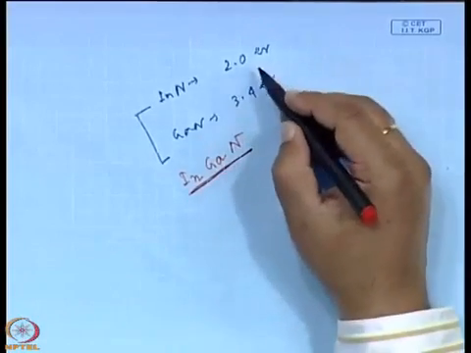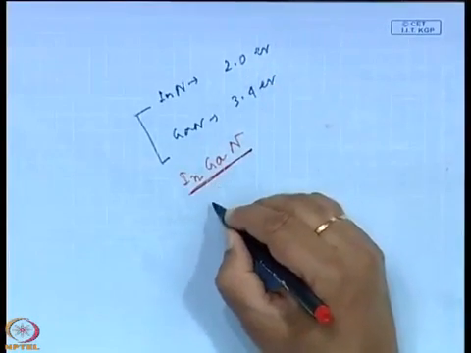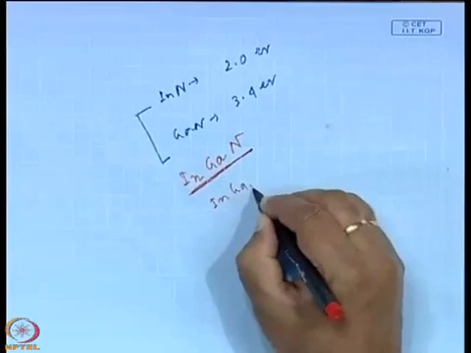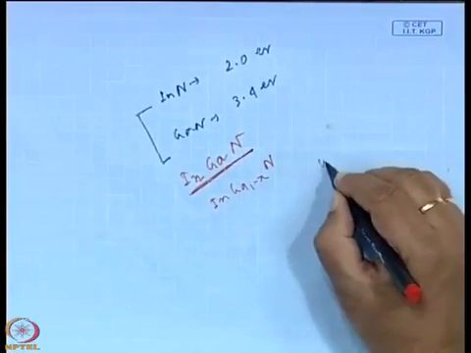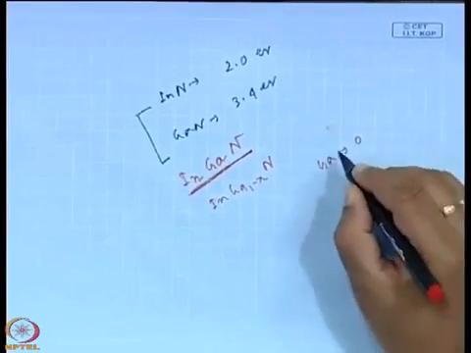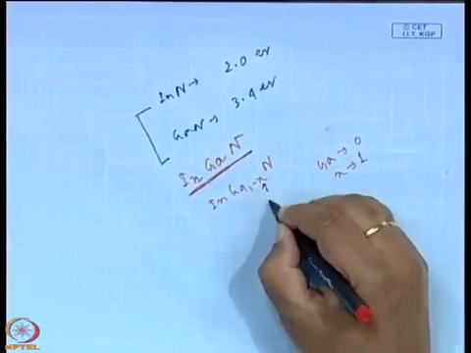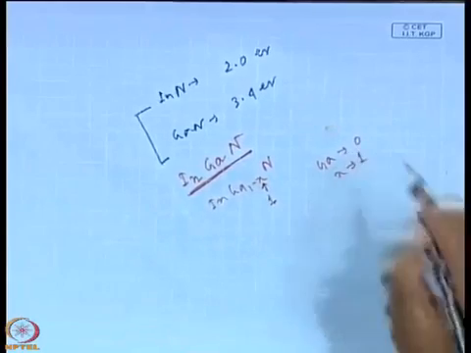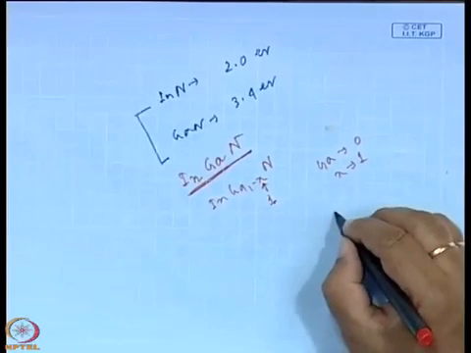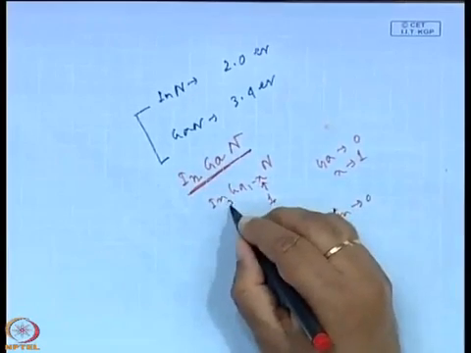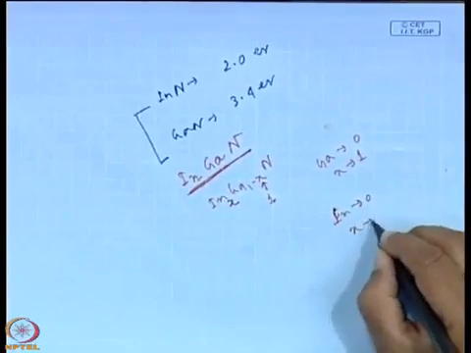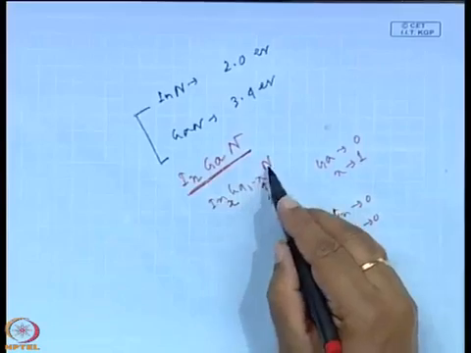When gallium is 0, that means when x is 1, it becomes indium nitride, and when indium is 0, so x is 0, then it becomes gallium nitride.